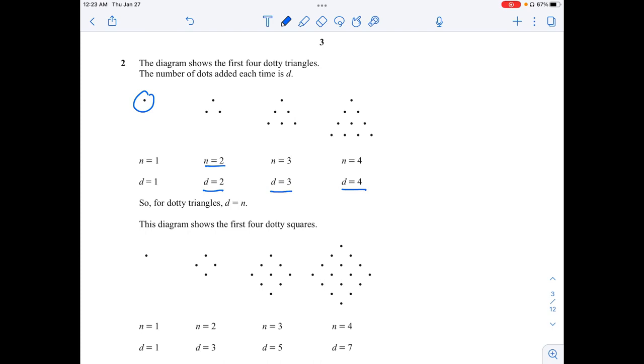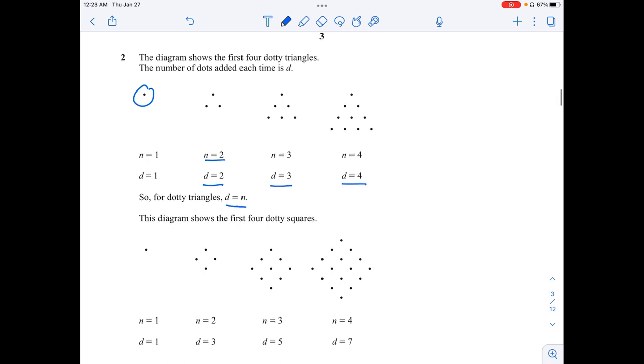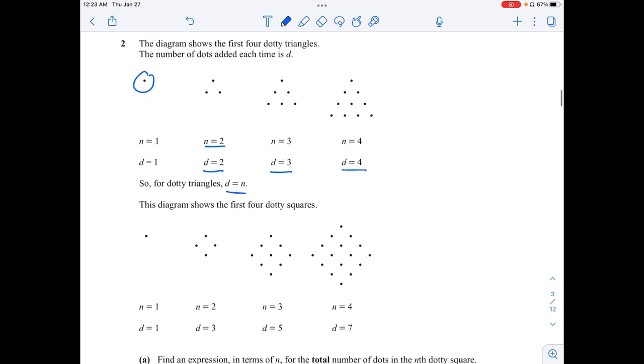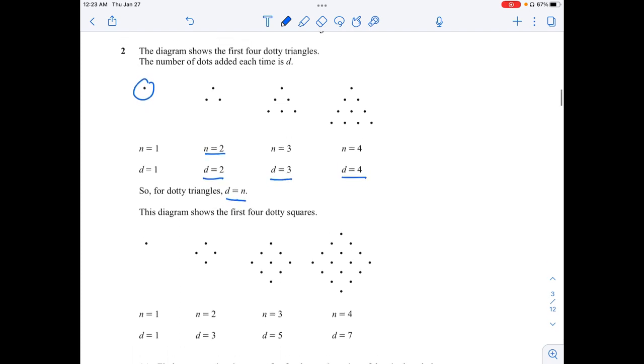So for the dotty triangles, d is equal to n. What was n again? The number of dots on each side. And d is the number of dots added each time.